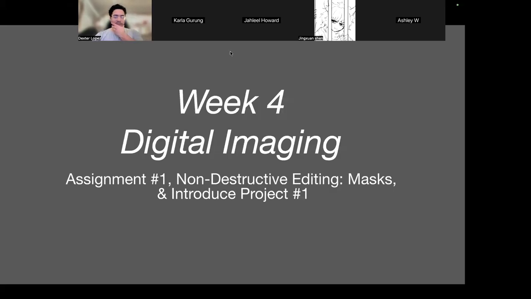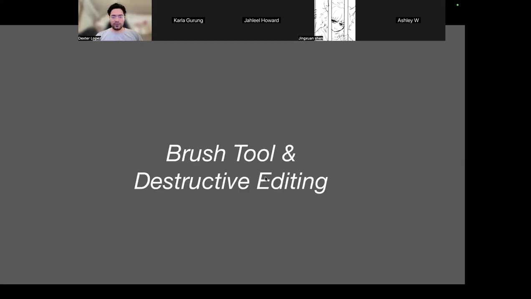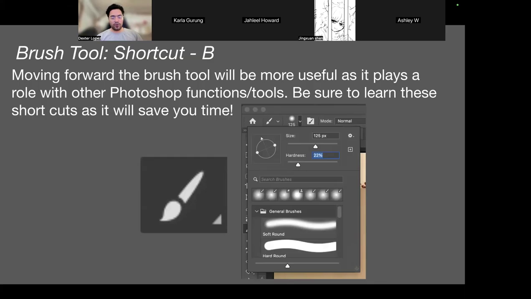But what we're going to talk about is non-destructive editing, specifically masks. We have to go back to the brush tool, and the brush tool is going to be really important moving forward with masks because it's basically how we dictate what we're trying to do.